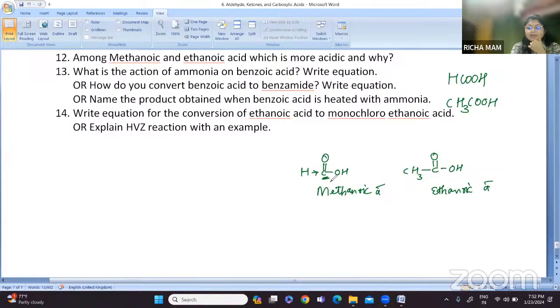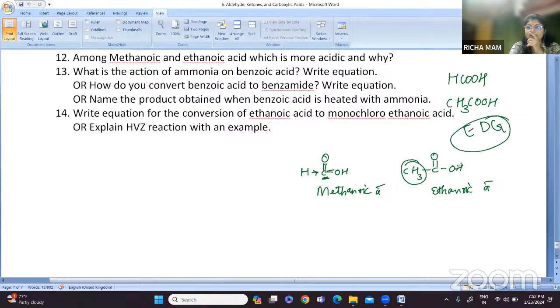Now, when you see the ethanoic acid, the methyl group is an electron donating group.